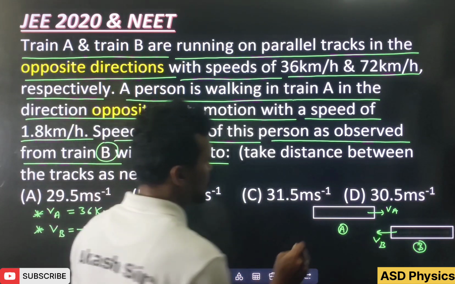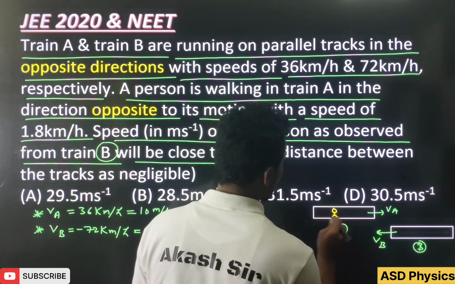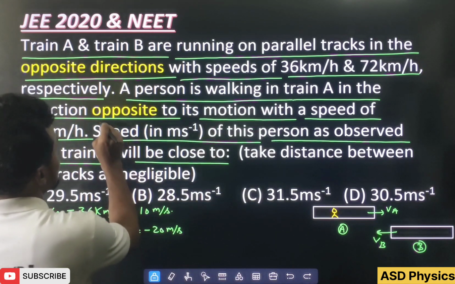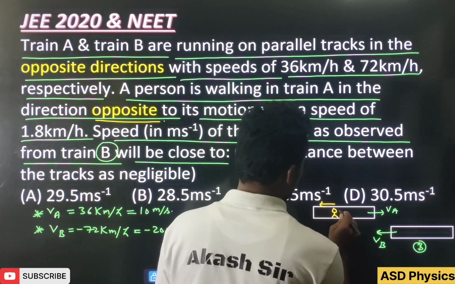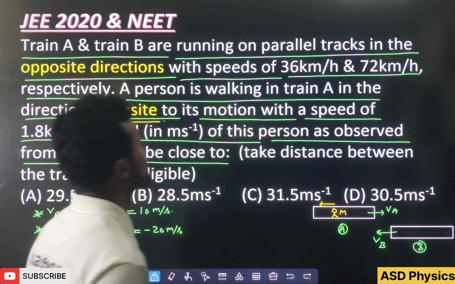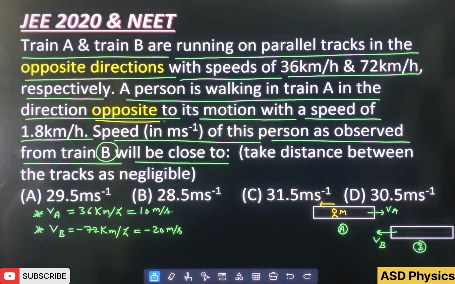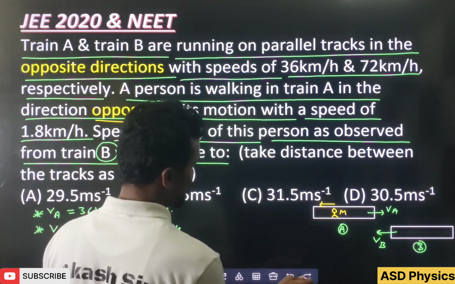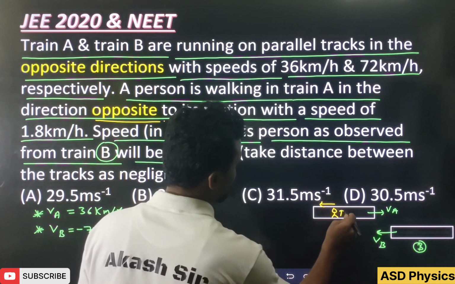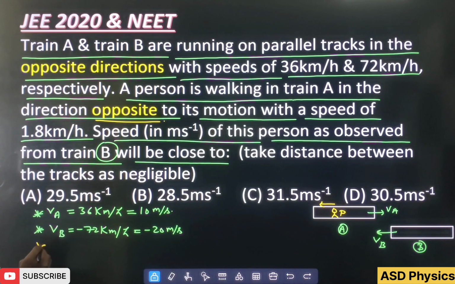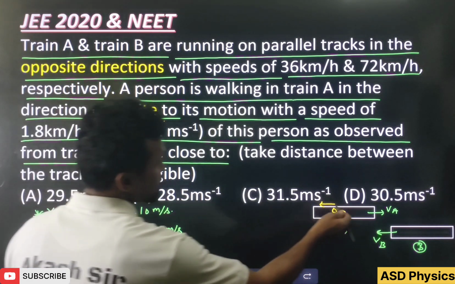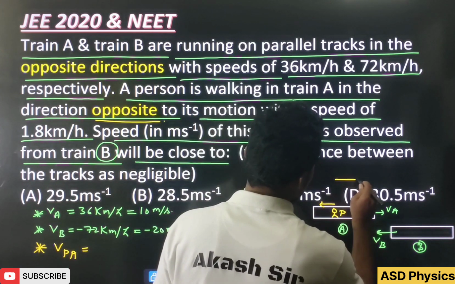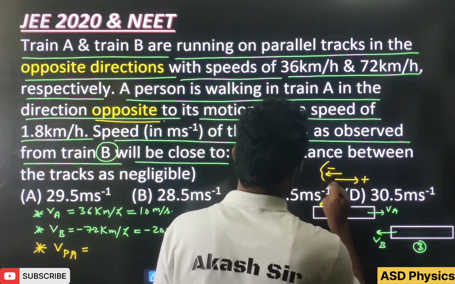Now what is given? There is one person in train A. He is going in which direction? You can see I have highlighted it, he is going in the opposite direction. So the velocity of the person, VP, is the velocity of the person with respect to train A. You know the sign conventions: this side plus, this side minus.